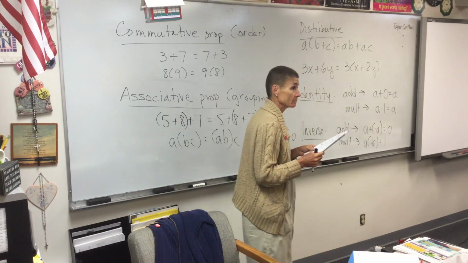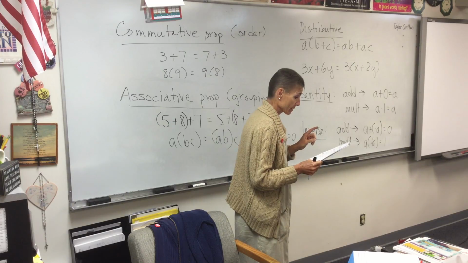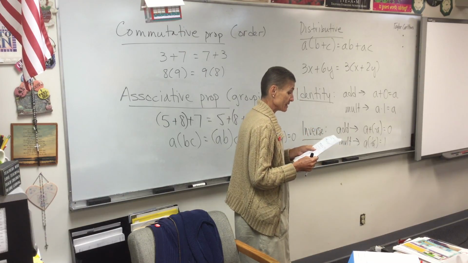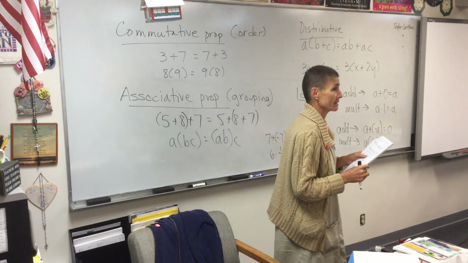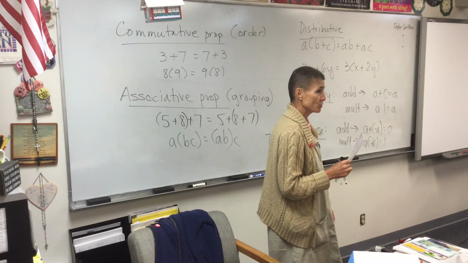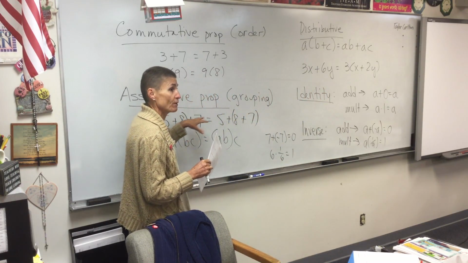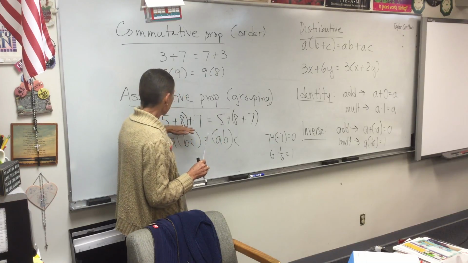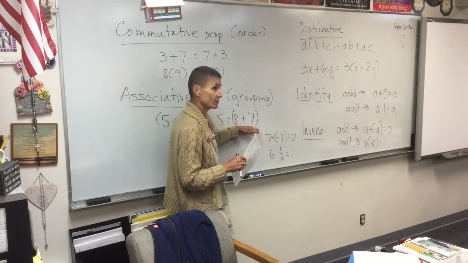So what's the difference between example E and C, between commutative and associative? If you have the same thing in the parentheses, it can't be associative, because that's what associative does, is put different things in the parentheses. Associative says, instead of having 5 and 8 grouped, I'm going to have 8 and 7 grouped.